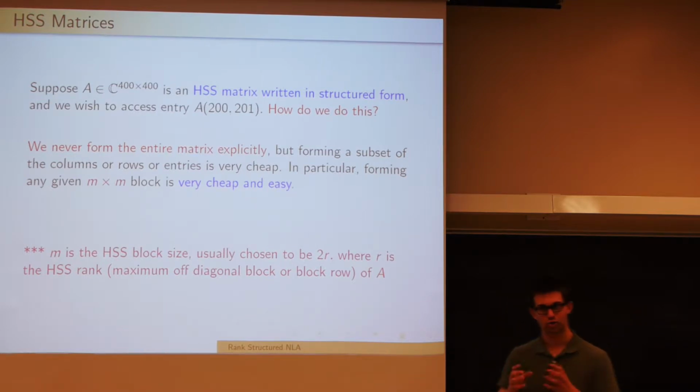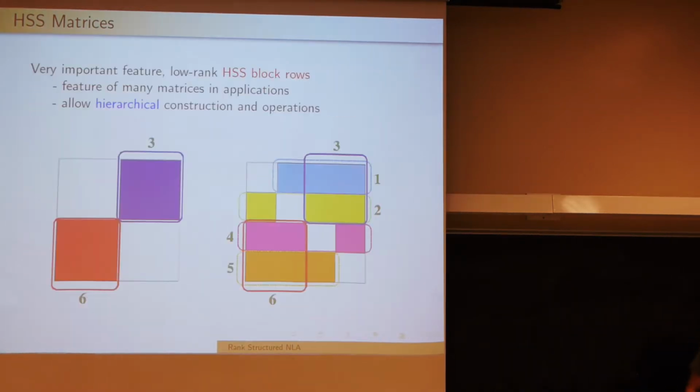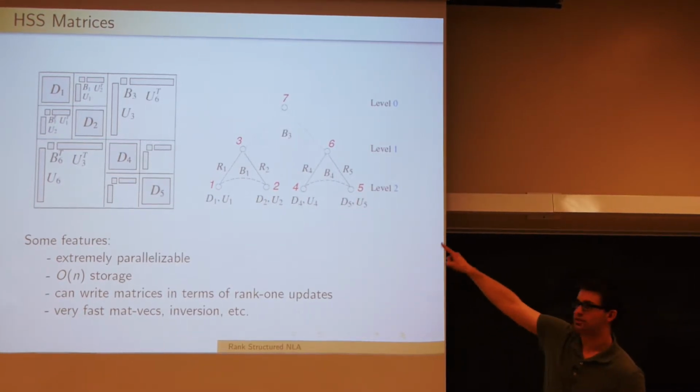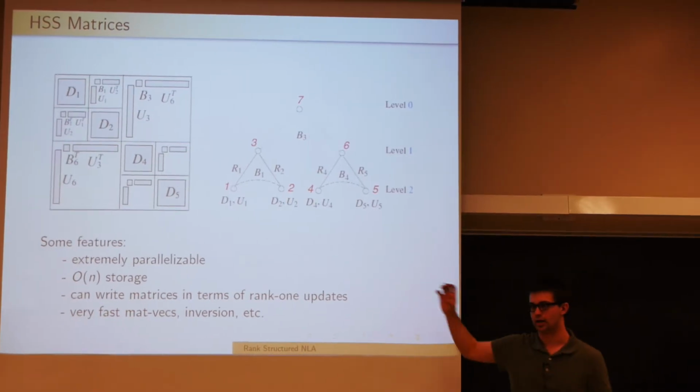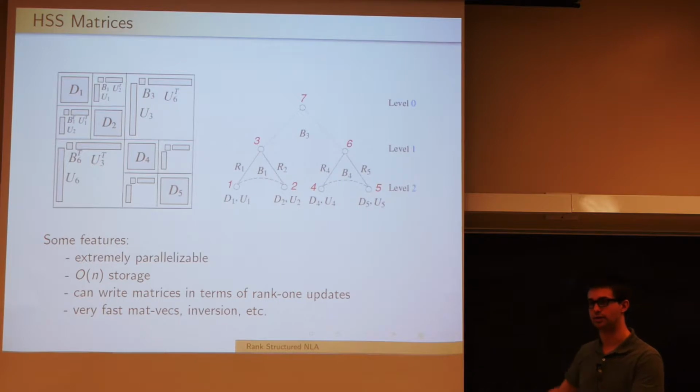In particular, what the tree helps us do is there's very nice machinery to generate little m by m blocks at will very quickly. If we look here, any of these 16 blocks can be generated very quickly in sublinear time using a very simple routine that goes up and down the tree.